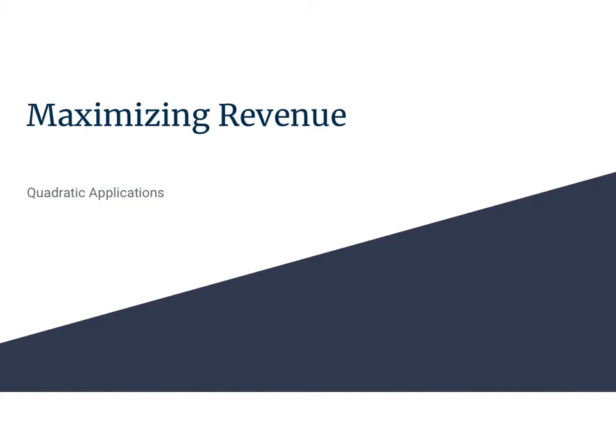In this tutorial, we're going to review revenue problems as applications of quadratic functions. In general, a revenue function is where you are selling items and you sell them for a price. So you're going to take the price per item times the quantity and multiply it together.